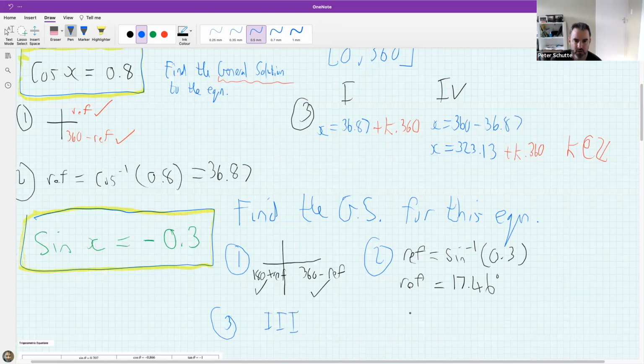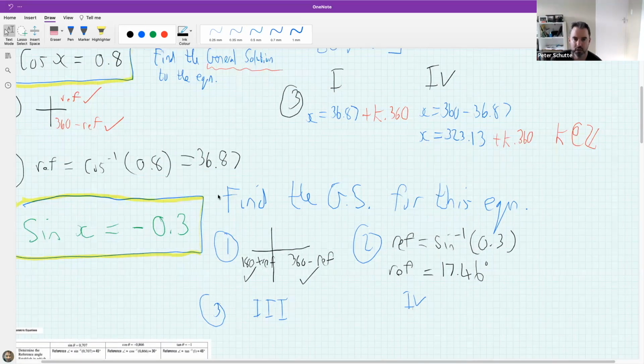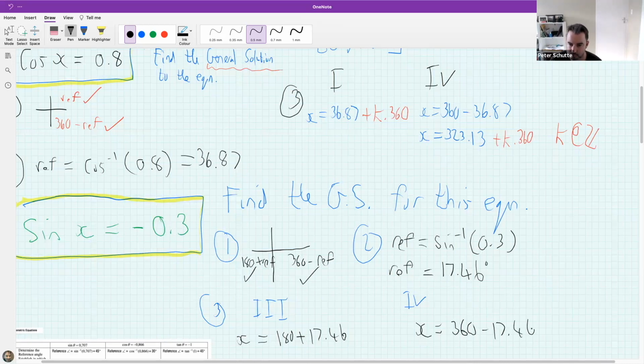So I know my answers are in 3 and in 4. So X is going to be 180 plus 17.46, or X is going to be 360 minus 17.46.